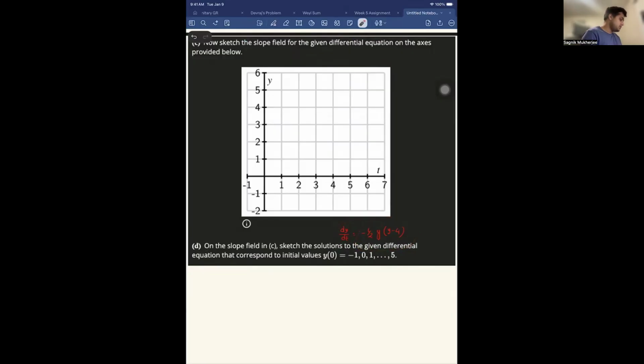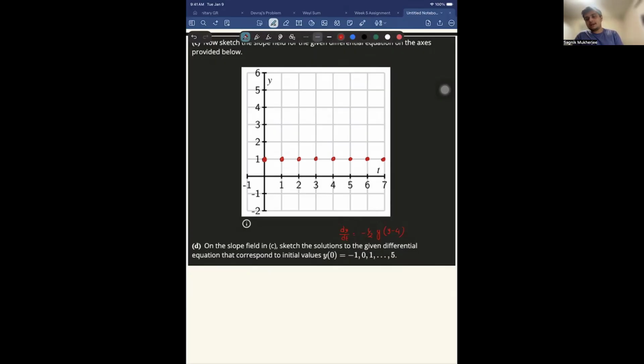So, okay, we'll do this. We will find out dy/dt for different values of y, right? Notice that I have drawn a bunch of points.